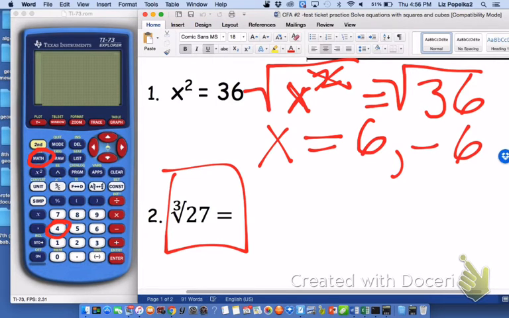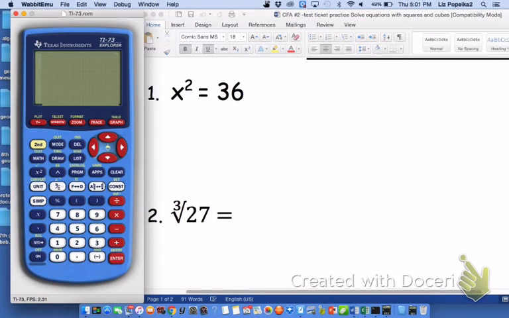So math, and then see right here at option 4 is my cube root. Type in 27, hit enter. There I go. The cube root of 27 is simply a 3.